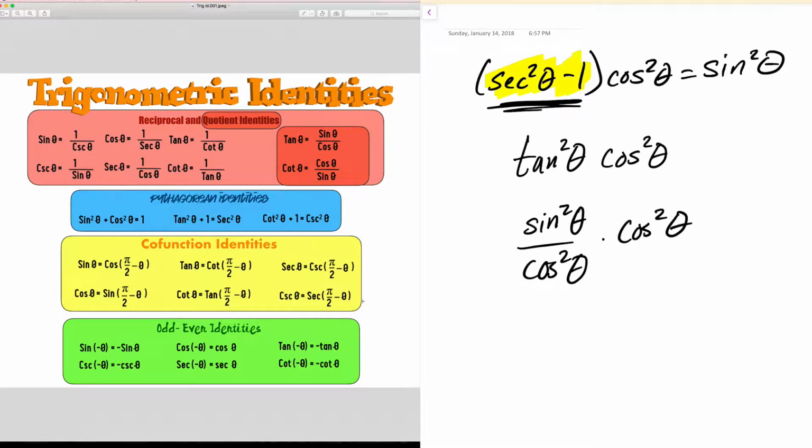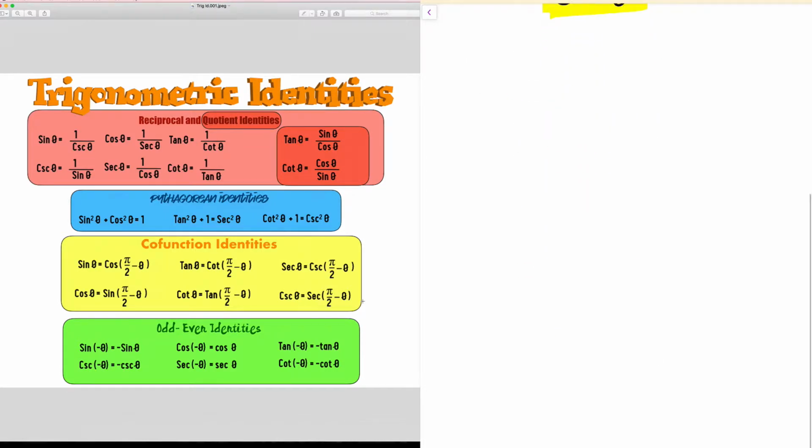Now I can see that I can cancel out my cosine squared thetas. That leaves me with sine squared theta, which is what I had originally up there. So I've just verified that they do equal each other. All right, so let's look at number 3.